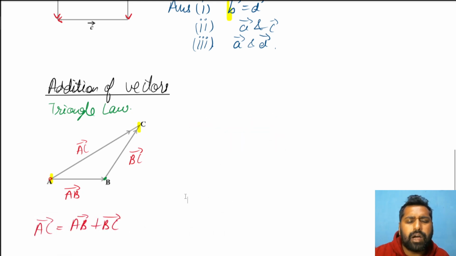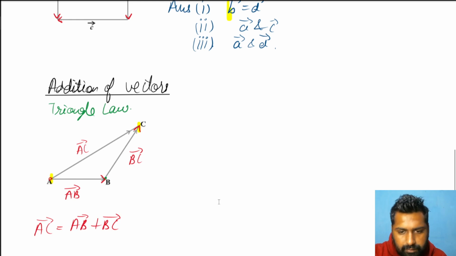Remember how you have to arrange the vectors, that's very important. Again I'll repeat, you have to arrange the vectors so that the terminal point of the first coincides with the initial point of the second vector. Then you join the initial point and the final terminal point, and that direction gives you the addition of the two vectors.